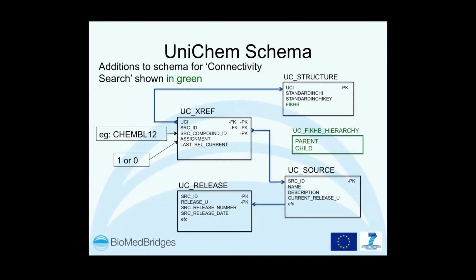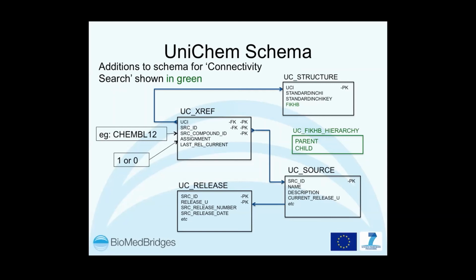So we can use that first InChI key hash block as a mechanism for connecting structures via connectivity search, but we need to store those parent-child relationships of those first InChI key hash blocks.